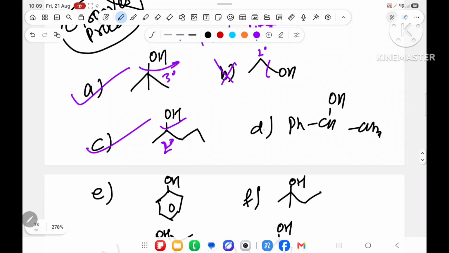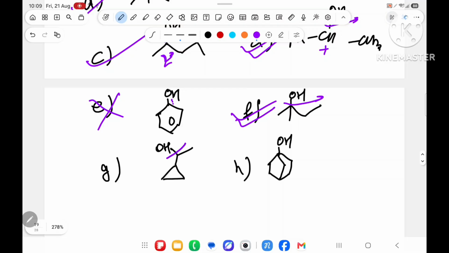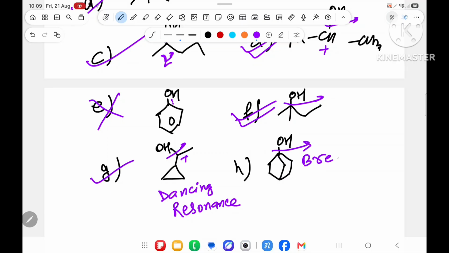Yes, it will also give turbidity because it is resonance stabilized. This one, no, partial double bond. This one, yes, it will give turbidity. Over here, this one, yes, it will give, why? Dancing resonance, I have taught you dancing resonance in GOC. Yes, it will give. No, Bredt's rule.